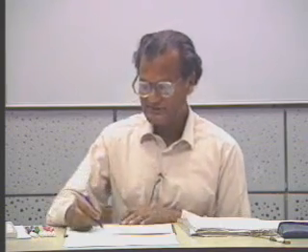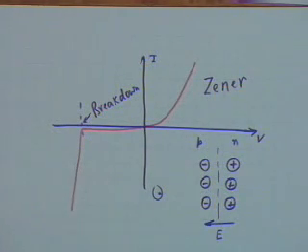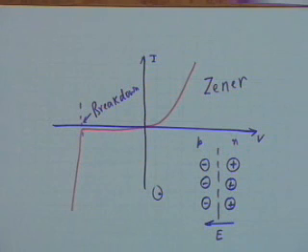This kind of breakdown, or this kind of increase in current due to an increase of reverse potential, is the so-called Zener breakdown, and occurs in a junction in which both sides are relatively heavily doped. In other words, the number of impurity atoms on both sides are relatively large. In a heavily doped junction, Zener breakdown occurs.